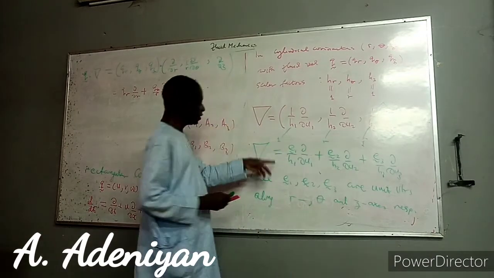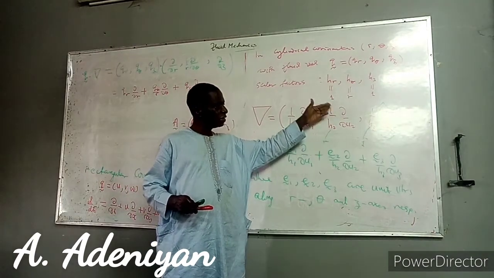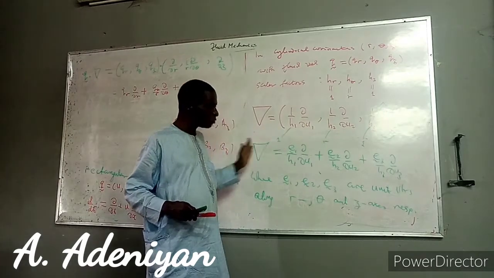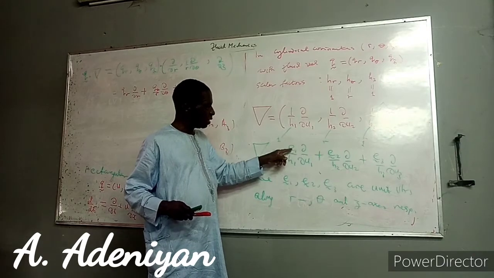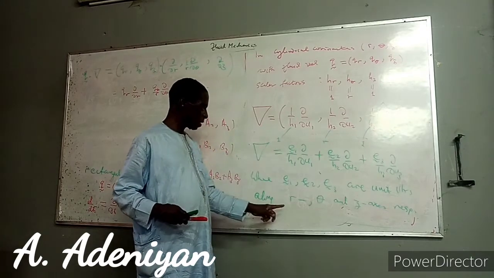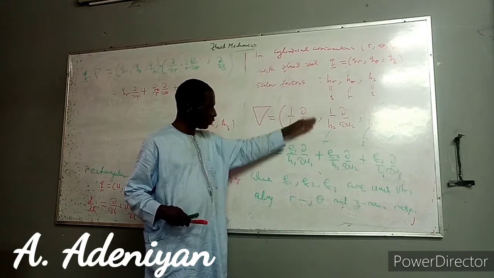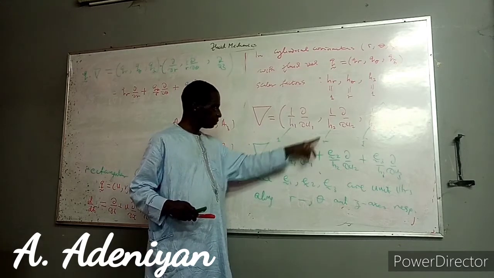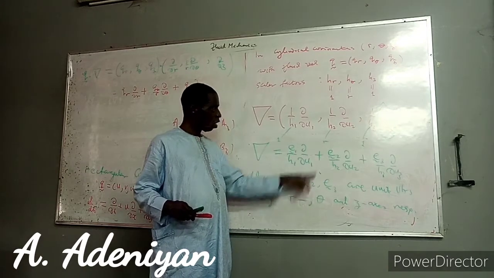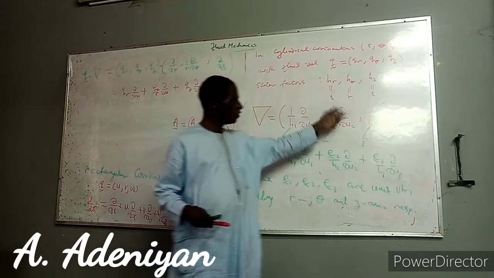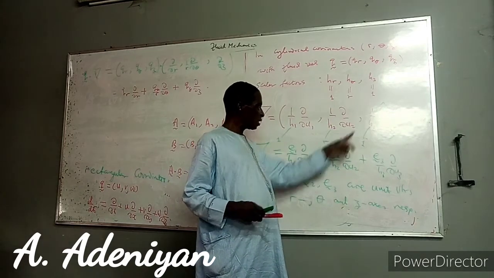And don't forget that that is if you don't want to use this comma vector form notation, you want to use the actual vector notation. That means del is an addition: the unit vector along r axis divided by h1, plus the unit vector e2 upon h2, plus the unit vector e3, which is along z, upon h3.